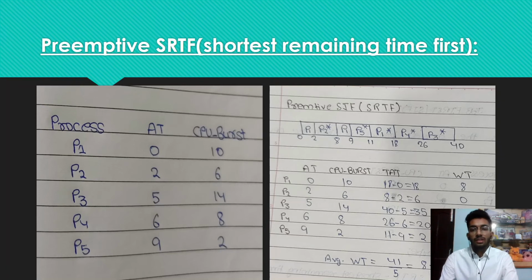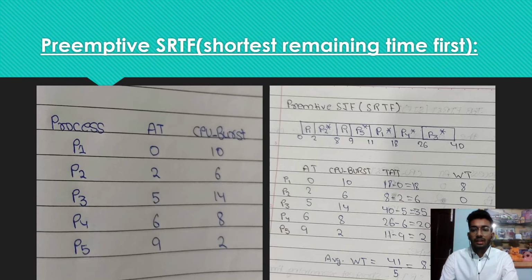Then we see at time 8 which process is the smallest one. We see that P1 is the smallest, so P1 is assigned the CPU. But at 9 another process comes, that is P5, which is smaller than P1. So P1 is removed from the CPU and P5 is assigned to the CPU. P5 starts execution and completes its execution at 11. Then we see which is the shortest job.